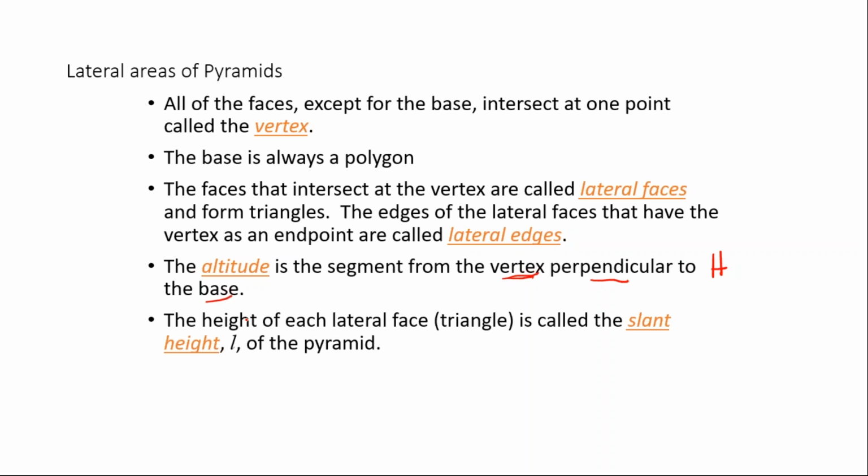It's usually a slanted L. That's the height of the triangle. So I get the half times height. That's the slant height. So it's two different heights. One's the height of the overall 3D shape, one's the height of the triangle, the side.